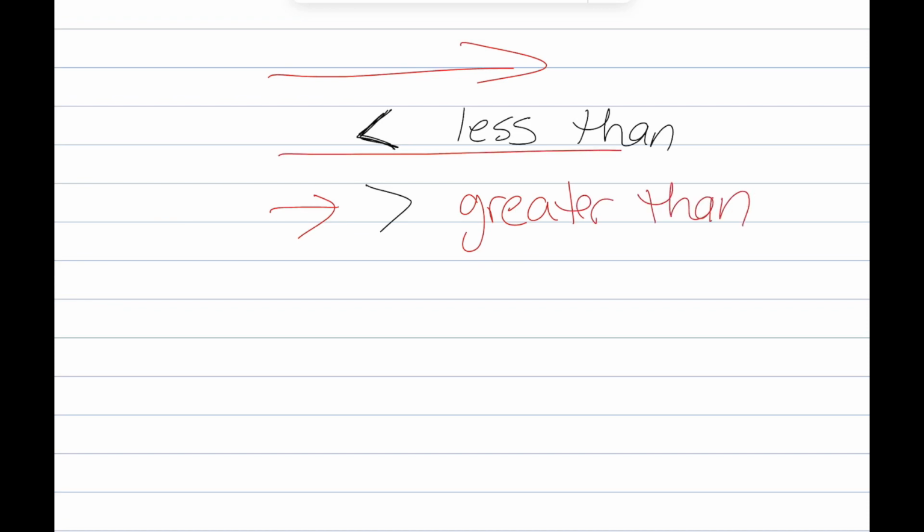So less than, greater than. Now if we add an equal sign, that's going to be greater than or equal to, less than or equal to. So we're going to talk about solving these inequalities, and then we're also going to talk about graphing them on a number line. So let me go back to our question here.